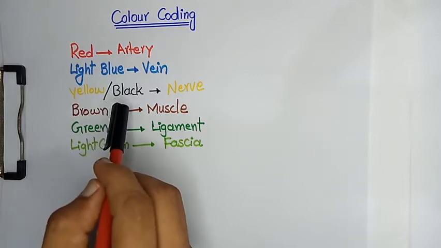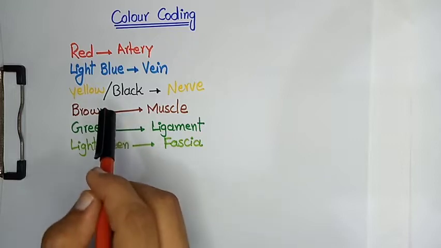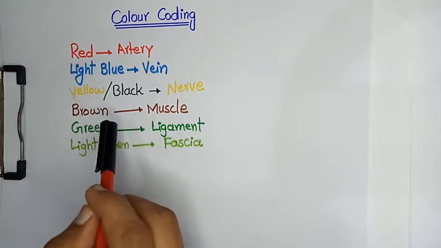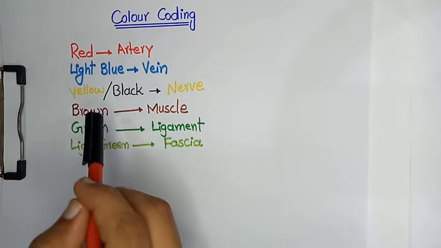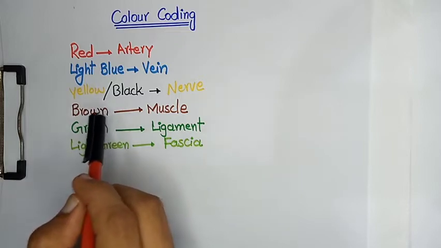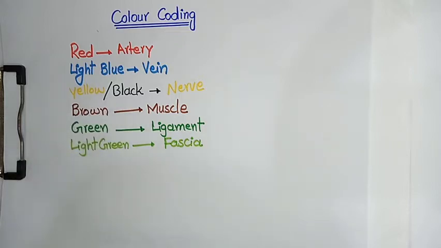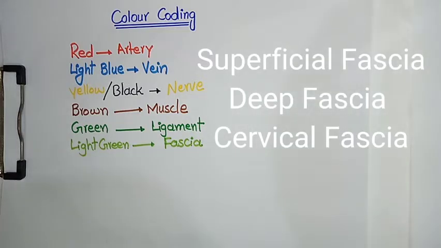Black color must be drawn to represent a nerve, brown color to represent muscle, green color is used to represent ligament, and light green color to represent fascia.